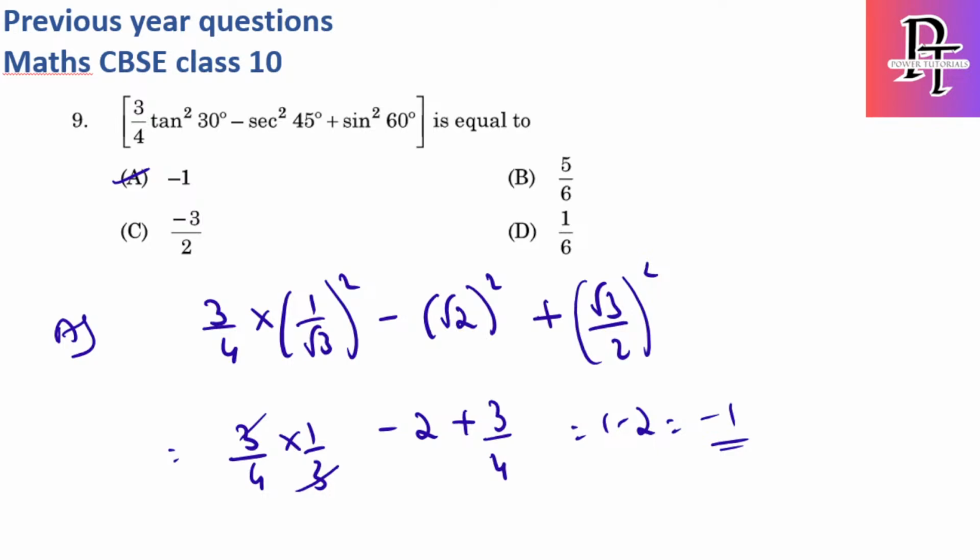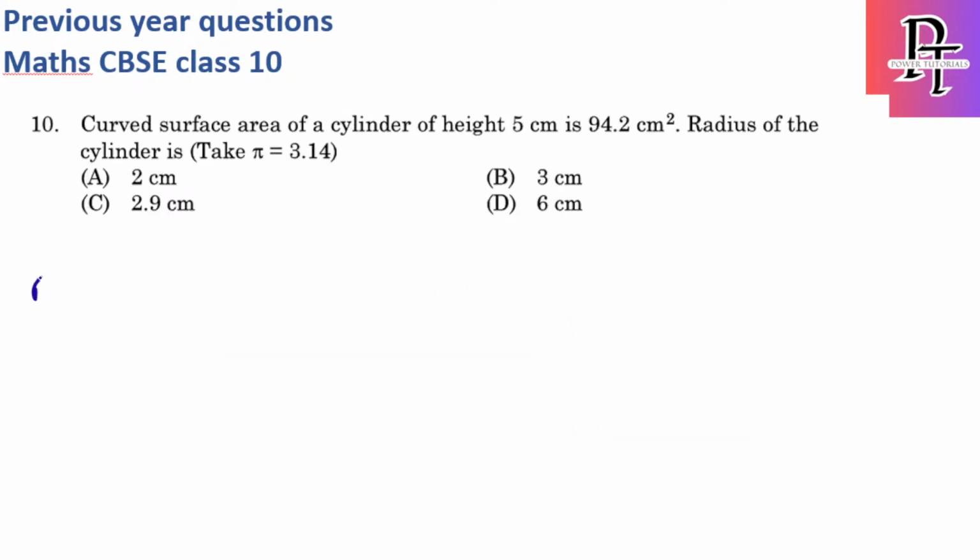Let's go to the 10th question. Curved surface area of a cylinder of height 5 centimeters is provided. Find the radius of the cylinder, and they are asking to take pi as 3.14. Okay, in the starting instructions you might have read, if they haven't mentioned the pi value, you have to use 22 by 7, but here they clearly mentioned to use 3.14, so you have to use 3.14.